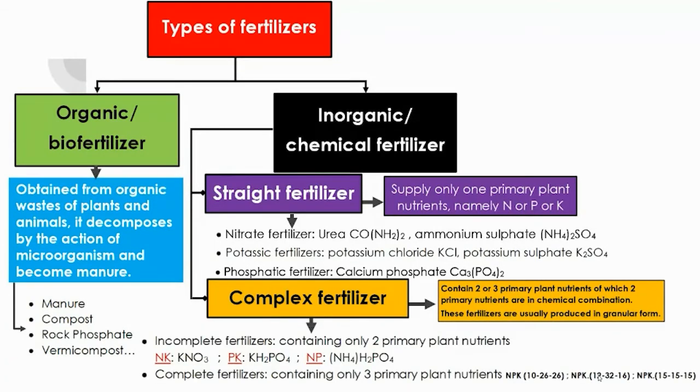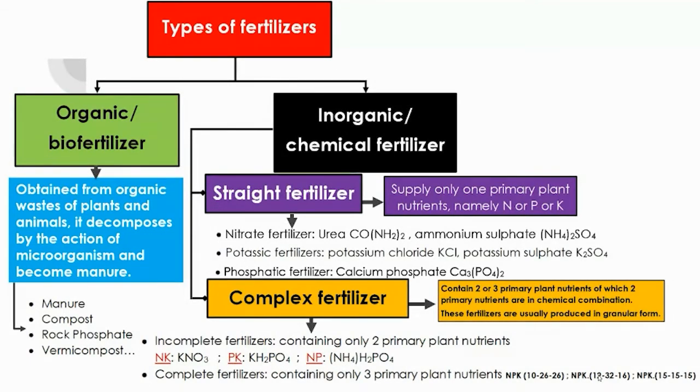They divide into incomplete fertilizer, or binary fertilizers, which contain only 2 primary plant nutrients, such as NK, potassium nitrate, PK, potassium diphosphate, and another NK, ammonium dihydrogen phosphate.